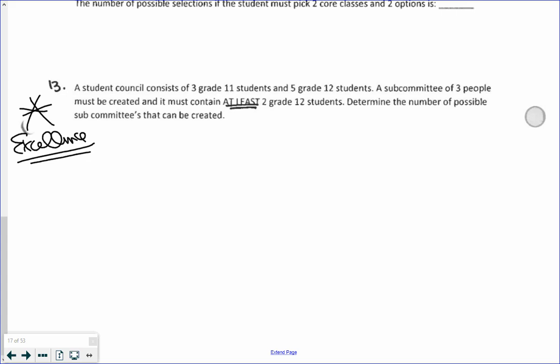It says a student council consists of 3 grade 11 students and 5 grade 12 students. A subcommittee of 3 people must be created and it must contain at least 2 grade 12 students. Determine the number of possible subcommittees that can be created. Whenever we're talking about subcommittees, again, we're not giving any roles to anybody. We're not creating a president and a vice president. This is just plain old nCr. What is different here is that it says at least 2 grade 12s.